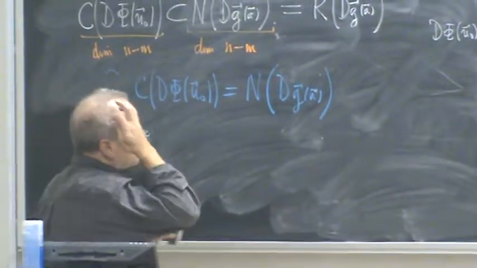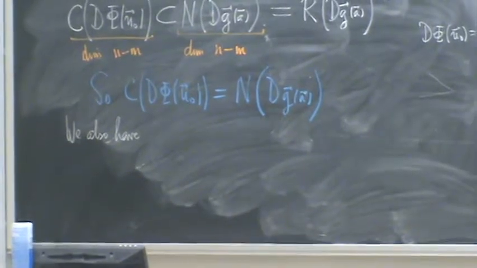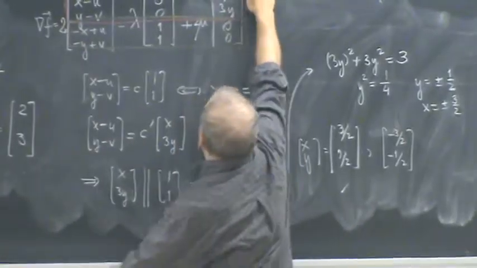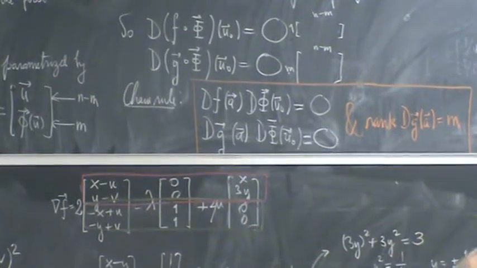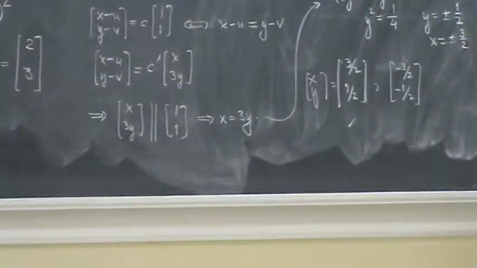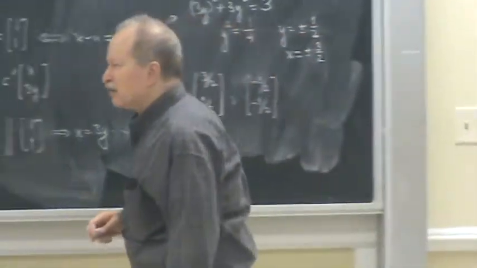What does the first equation tell me? If I take any of the columns of d phi, what happens when I feed them to df at A? Also zero.